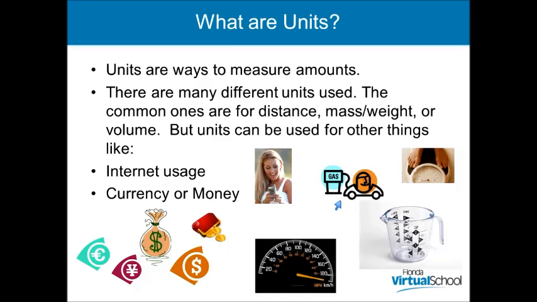For example, for gas in your car, we usually use gallons. It would be so weird if we changed all of the gas pumps into something that says gas per cup. You can imagine how much a cup of gas would cost. And of course, things like your weight, we use pounds or kilograms, depending on what country you're in.